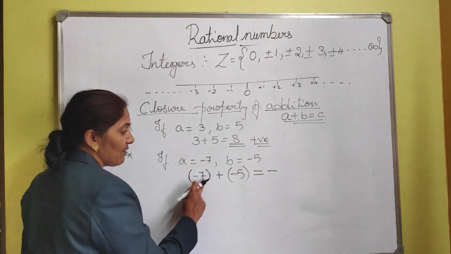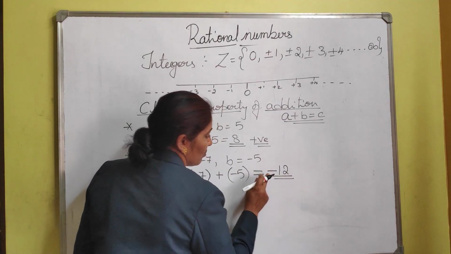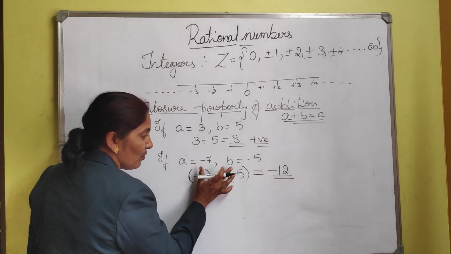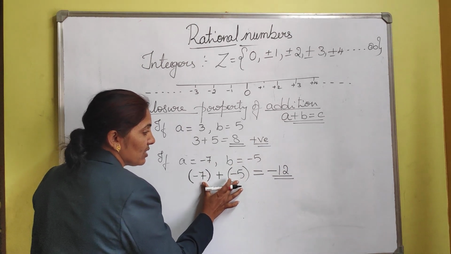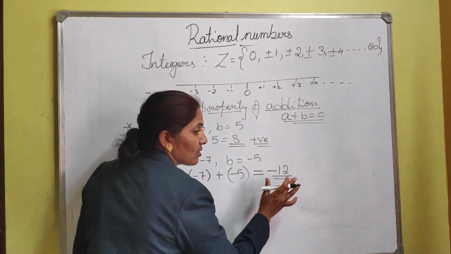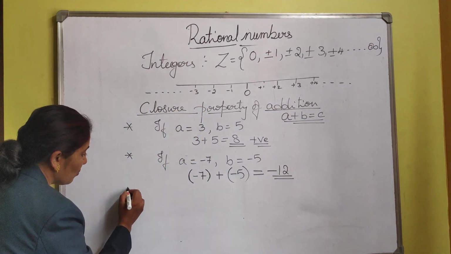What is that? 7 plus 5 is equal to 12, so as I told you, when you add any two negative integers, the sum obtained is also negative. Observe one more case.